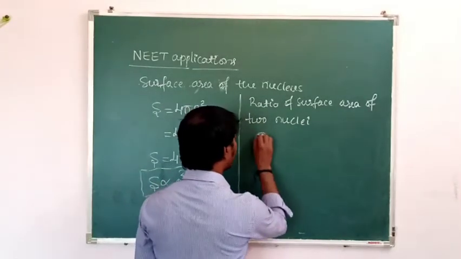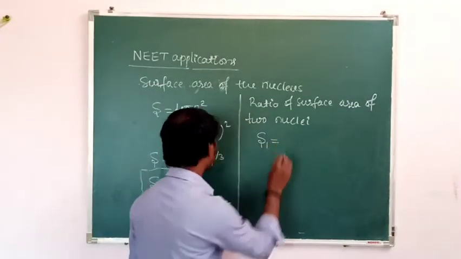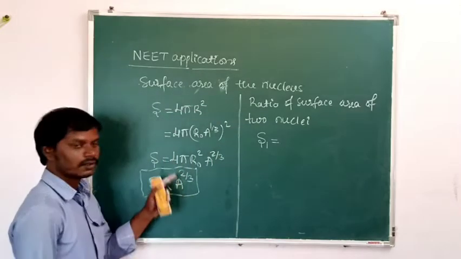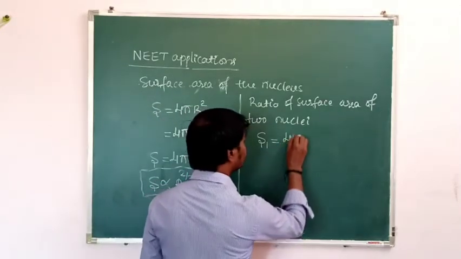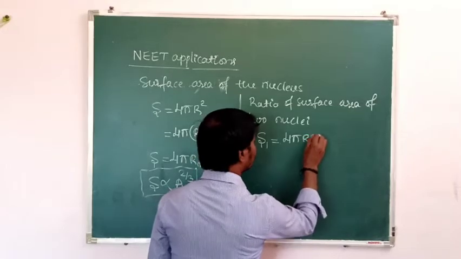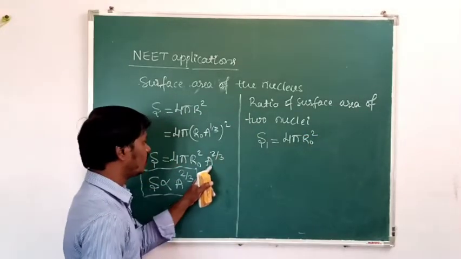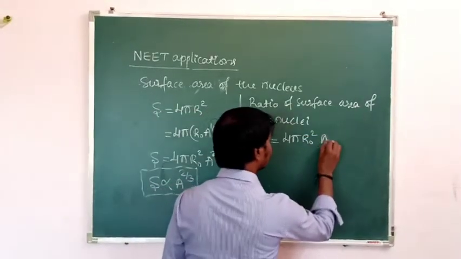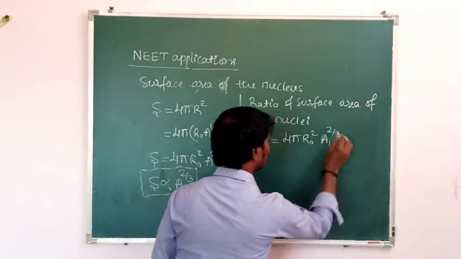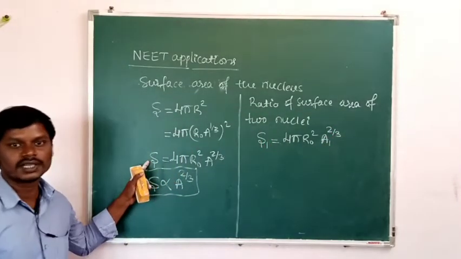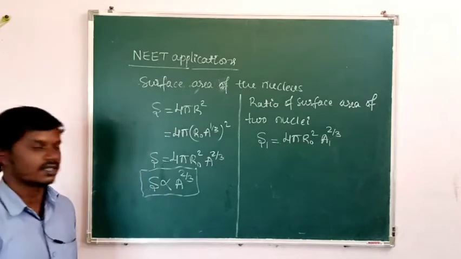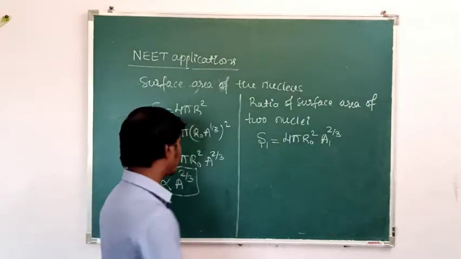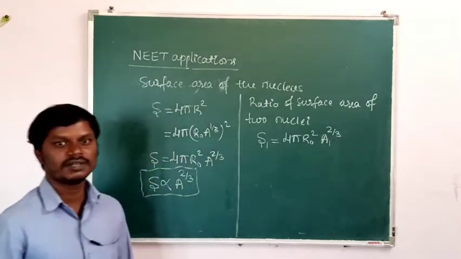So the surface area of the first nucleus can be written by using this formula: S1 is equal to 4 pi r0 square into A1 raised to 2 by 3. So this is the formula used to find the surface area of the nucleus when the mass number is given, because r0 value is known and 4 pi value is known.